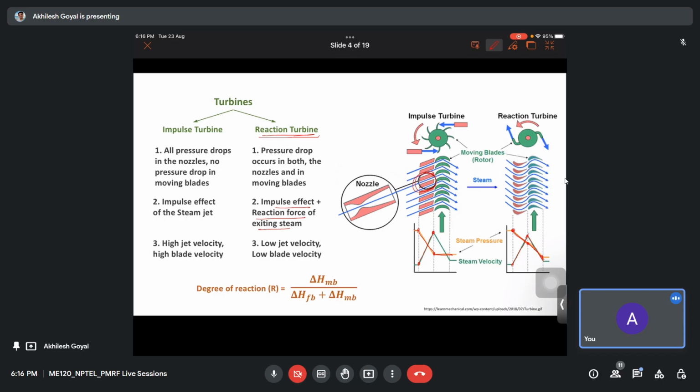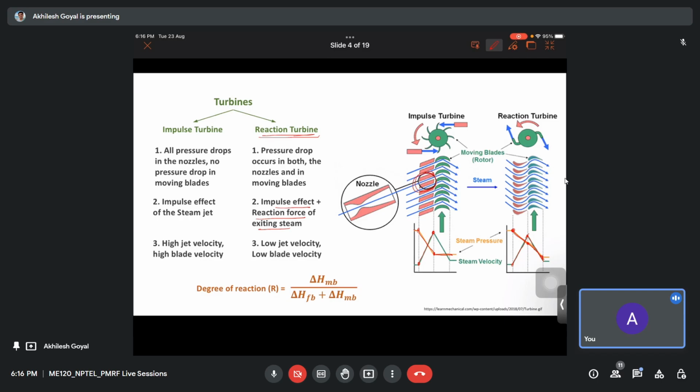So this means in reaction turbines, in the moving blades, the velocity is decreasing as well as the pressure. So the total work received on the reaction turbine shaft is because of the impulse effect of the high velocity steam jet as well as the reaction force of the expanding steam exiting the moving blades. Okay, so this is the main and basic difference.